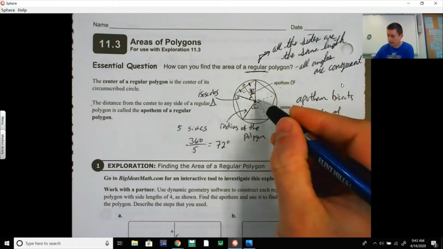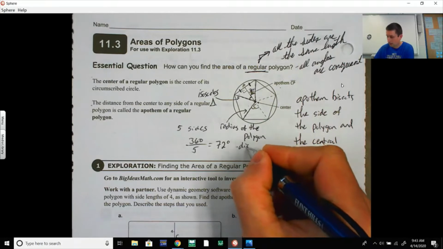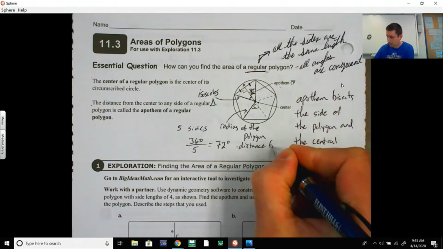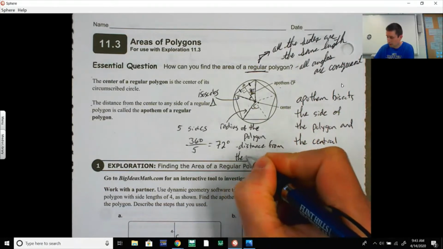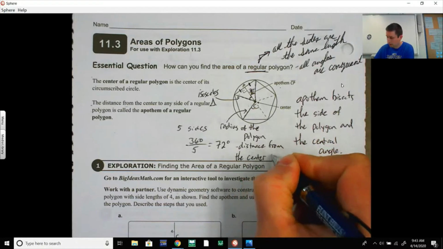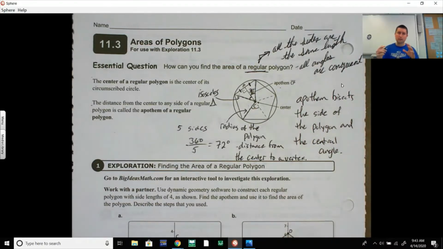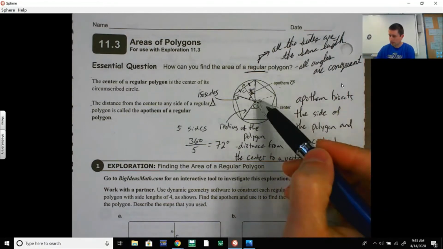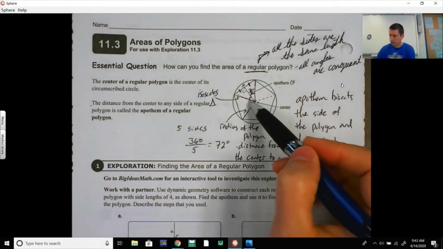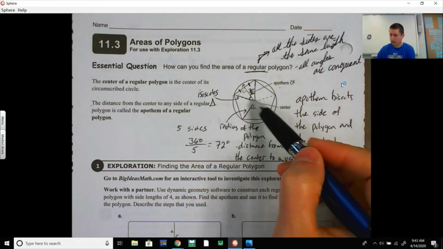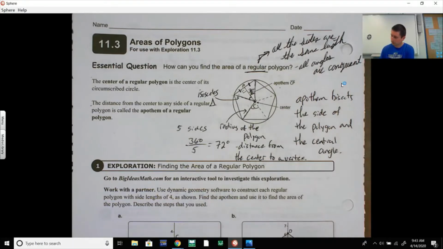The distance from the center to a vertex. That is different than the apothem. The apothem is going to go to a flat side and make a 90-degree angle. The radius is going to go to the corner of the vertex. So the radius, there's 5 radii here. They're going to go to the corner and they're going to form a central angle for the circumscribed circle.